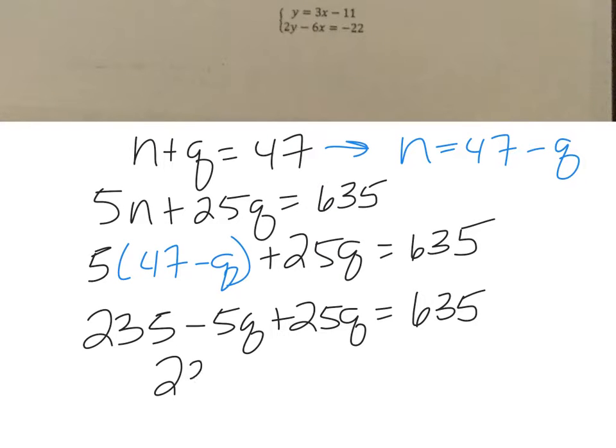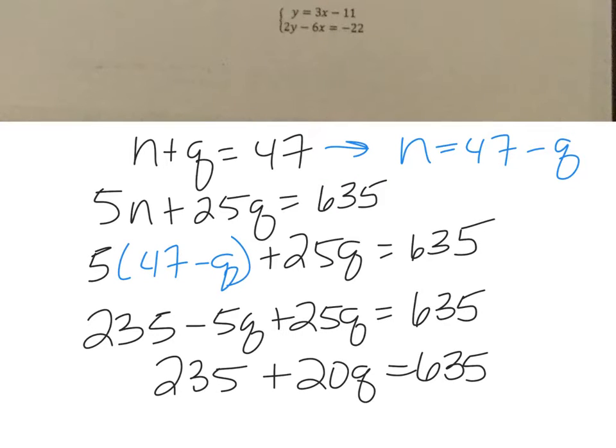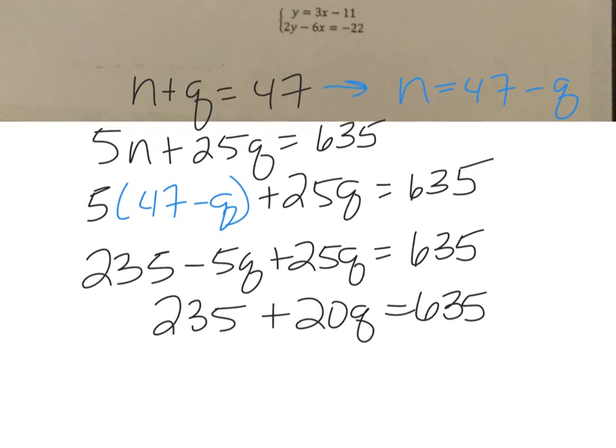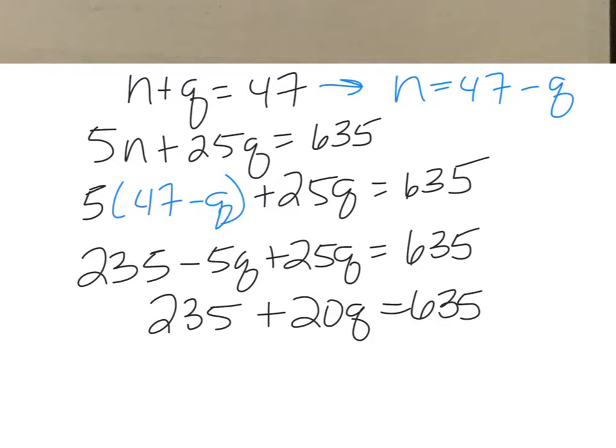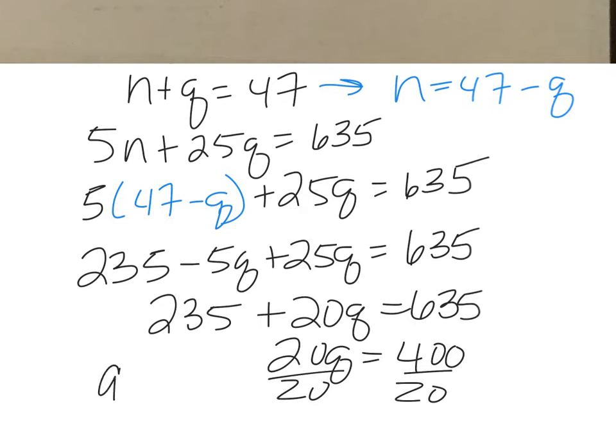Combine like terms, and I get 20q. Then I subtract 235 from both sides, and I get 400, divide by 20, and it looks like I have 20 quarters.